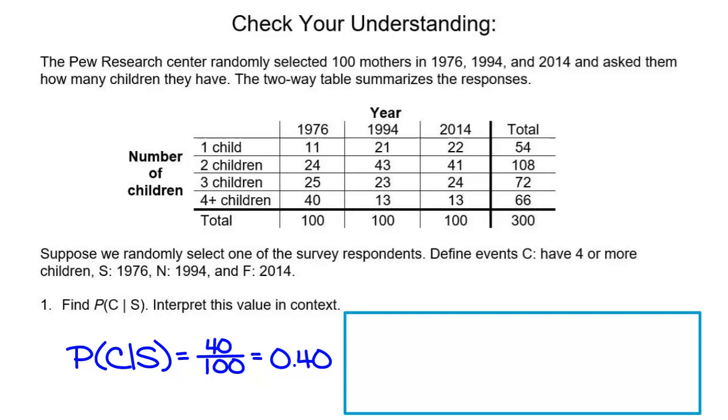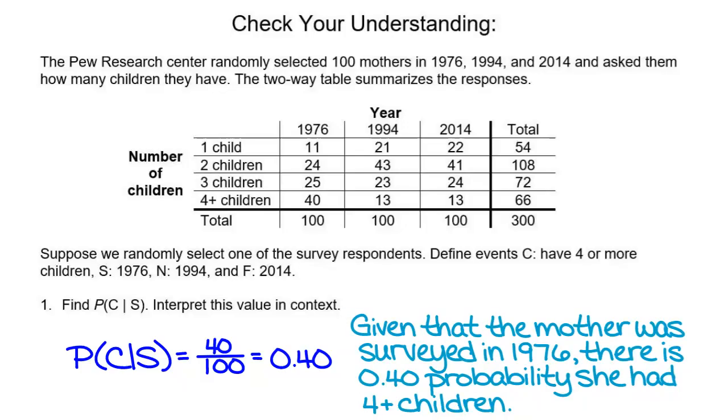That is 100% correct. The probability that she has 4 or more children, given that she was surveyed in 1976. The order of the sentence isn't that important. You can flip it around, like I had the given first. That doesn't matter. Given that the mother was surveyed in 1976, there is a 40% probability that she had 4 or more children. So I interpreted the notation along with what the actual percent was.